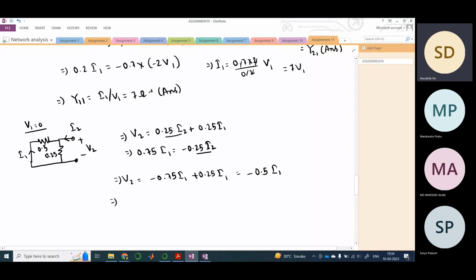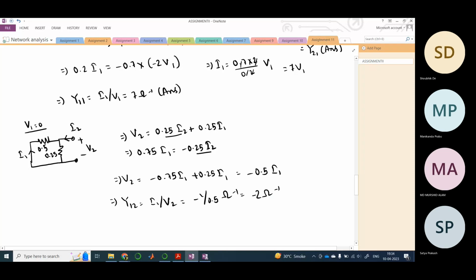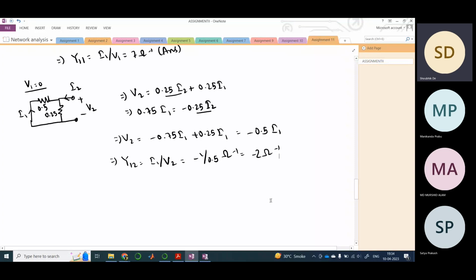So Y12 would be what? I1 by V2. Y12 would be minus 2 ohm inverse. And now basically from this we can say I2 equals minus 3 I1, because 0.75 by 0.25 is 3, and we now just need to substitute this because I1 equals minus 2 V2.